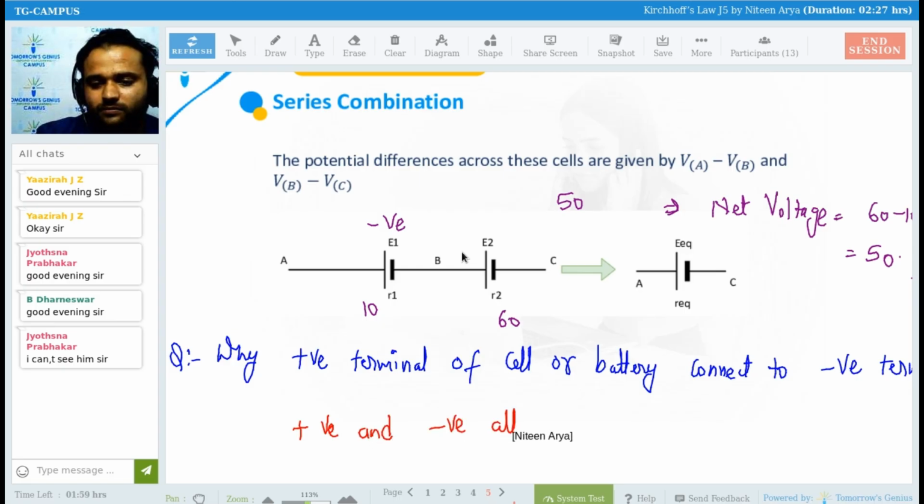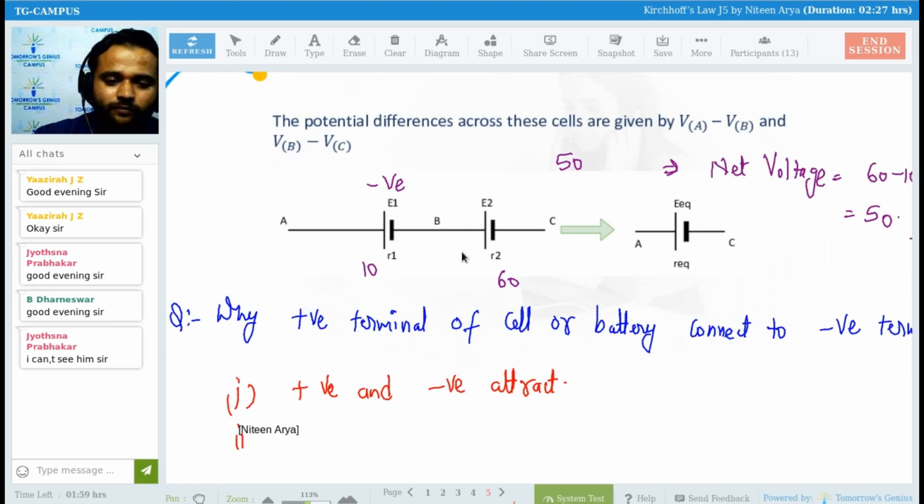So there are two basic things. Because positive and negative attract, they are easily connected. Okay, first point. And the second point, very common sense, is to get higher voltage.